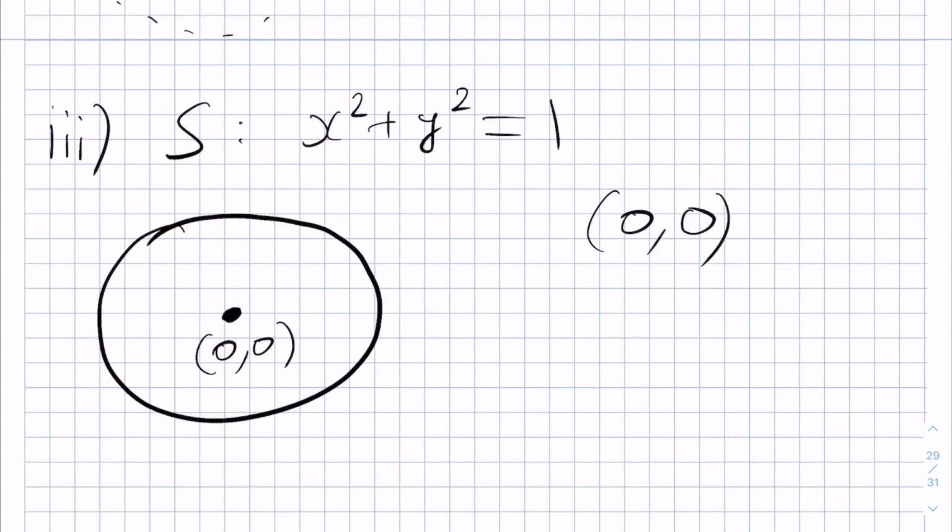Because then every single point in S is exactly a distance 1 away from the origin 0, 0. Therefore, there is certainly more than one point in S that is nearest to this point 0, 0. In fact, there are infinitely many.